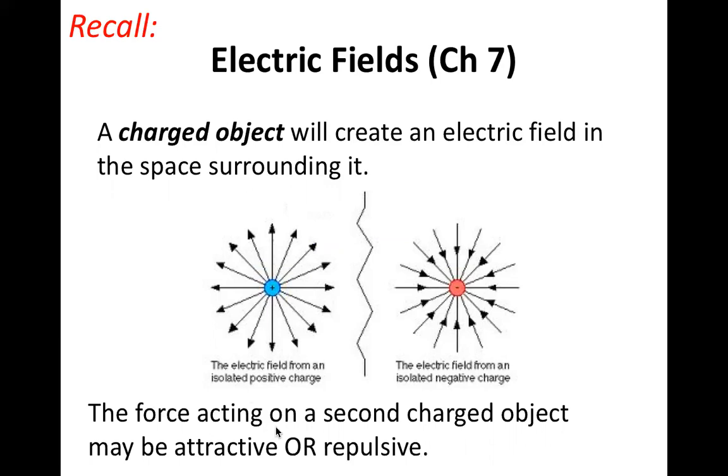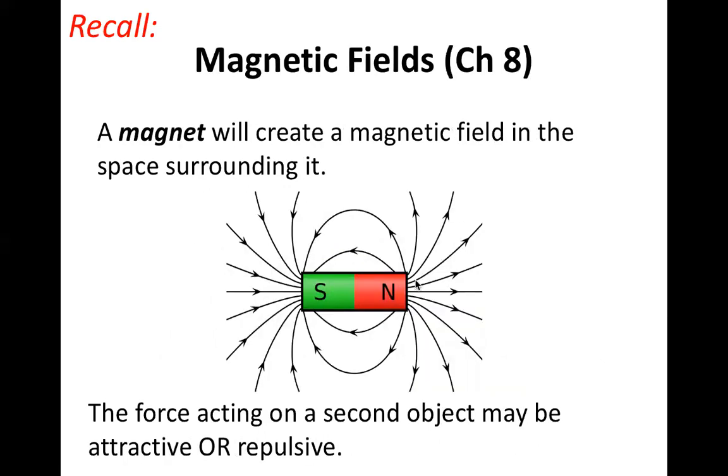So we've talked about how electric fields could be attractive or repulsive, but gravitational fields could only be attractive. So for magnetic fields, instead of mass or charge, a magnet will create a magnetic field in the space surrounding it. The force acting on the second object may be attractive or repulsive. So this is something that it has in common with the electric field lines.